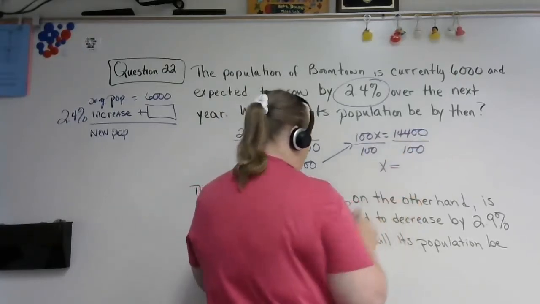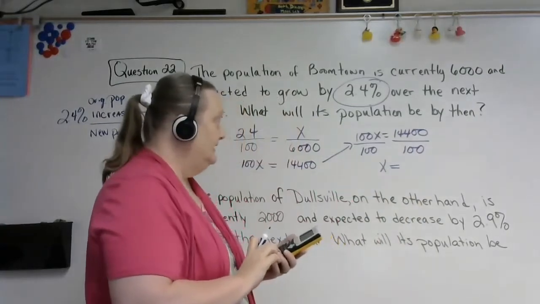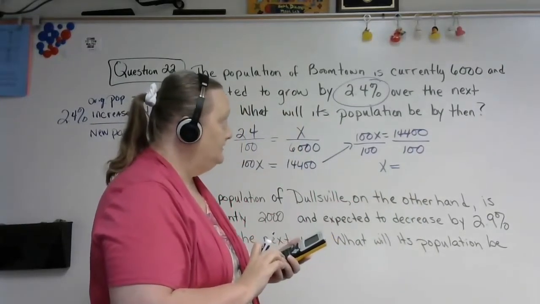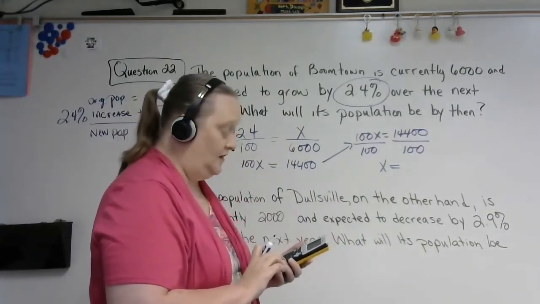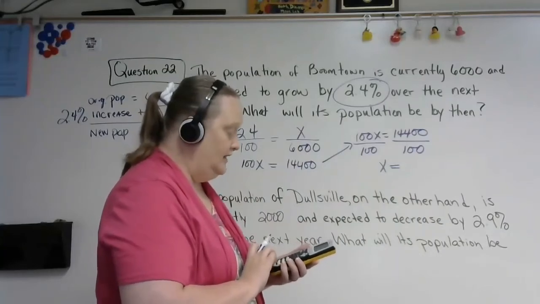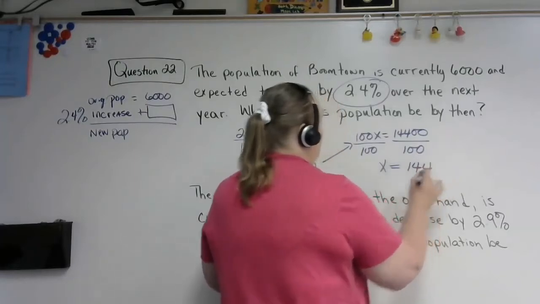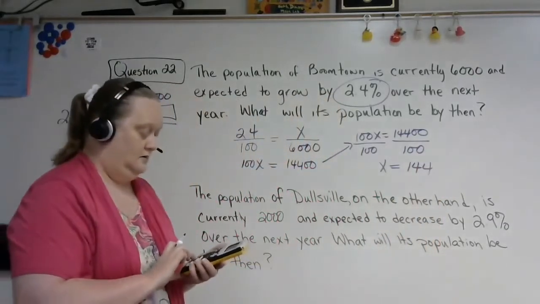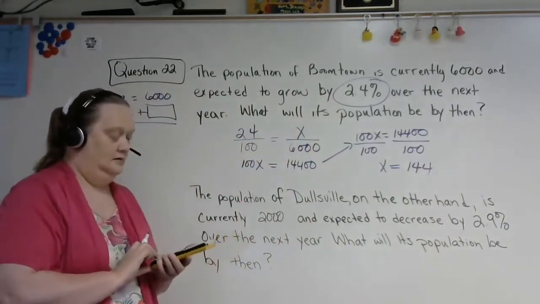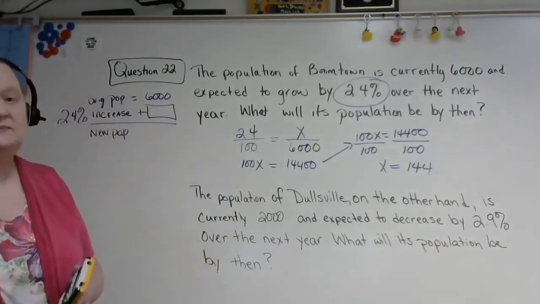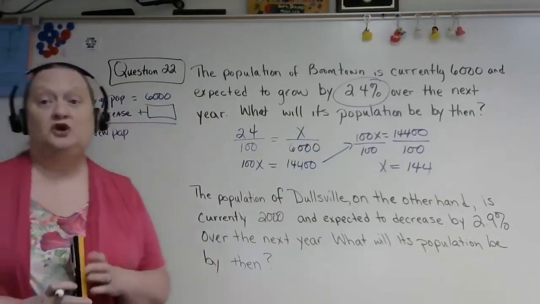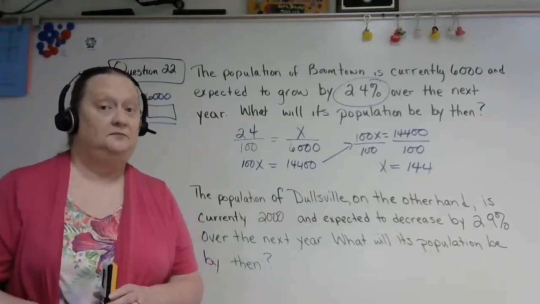That gives me 14,400 divided by 100, which gives me 144. So that means there are 144 new people moving into Boomtown.